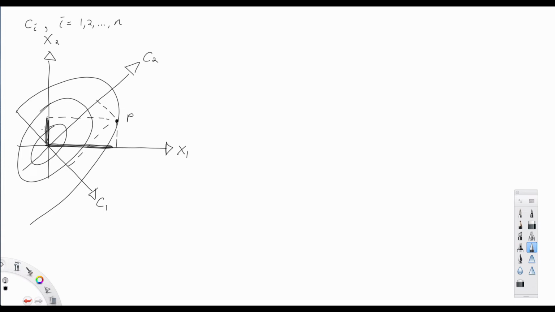But then if we look at the c-coordinate system, the first component, c1, is going to be this length, that projection onto c1, and then the second component is going to be this length, the projection onto c2.